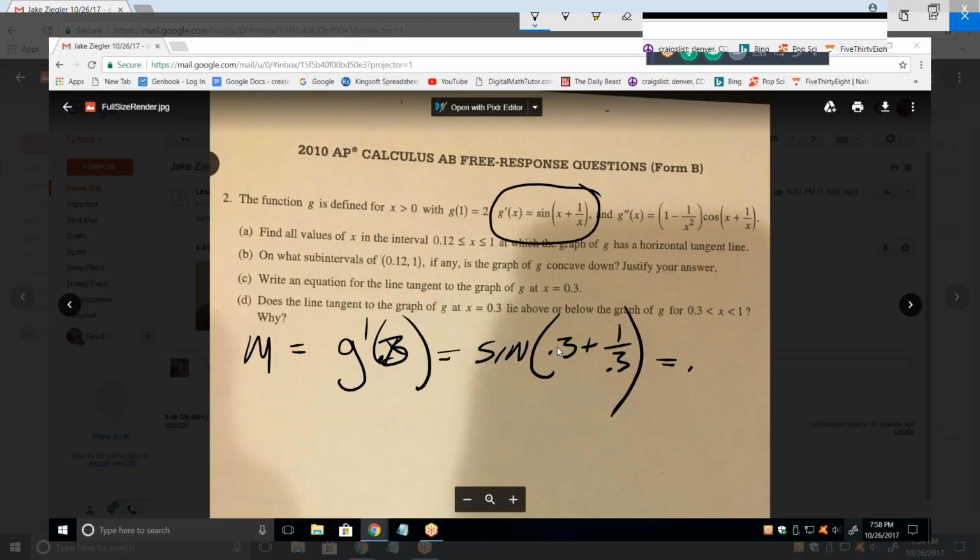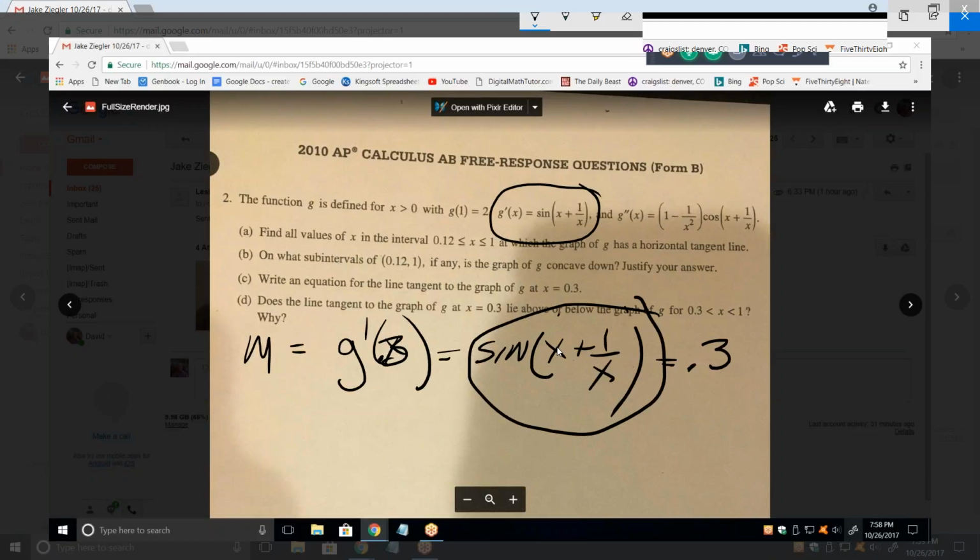The sine of x plus 1 over x, that is the slope at any value of x.